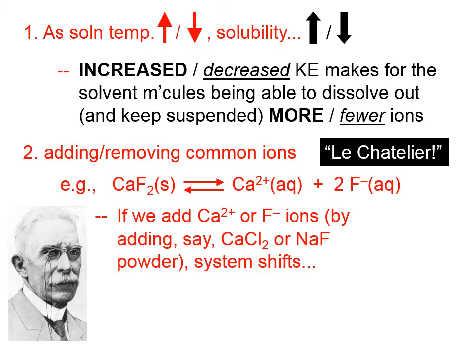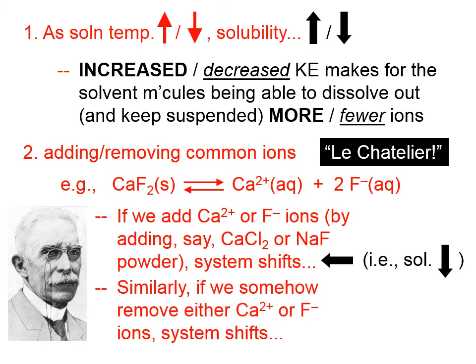For example, for this equilibrium system, solid calcium fluoride in equilibrium with calcium ions and fluoride ions, if we add calcium ions or fluoride ions by adding some sort of strong electrolyte like calcium chloride or sodium fluoride, the system will want to shift to the left, and if the system shifts left, then the solubility will decrease, because when we're talking solubility, we're dealing with the amount of the solid that is dissolved in the solution. So the solubility will decrease.